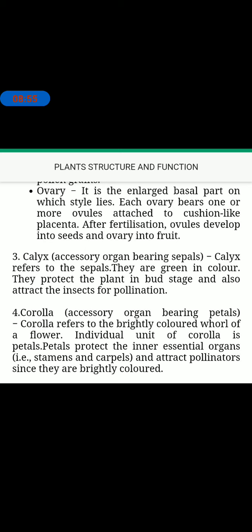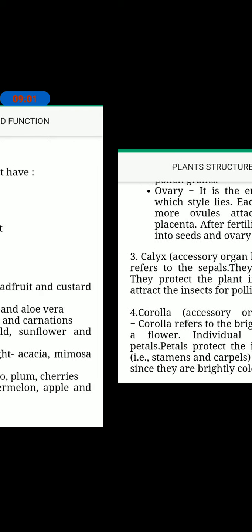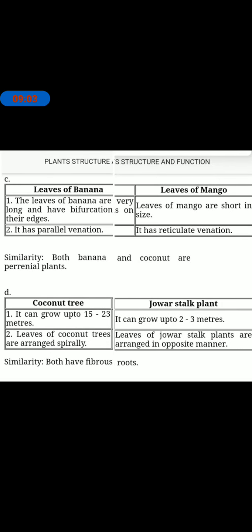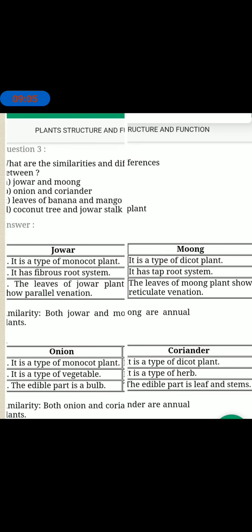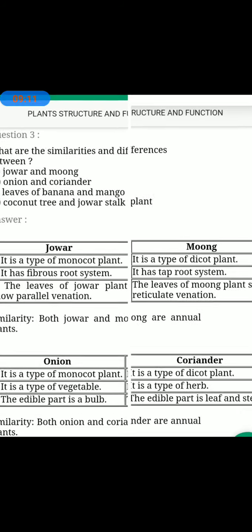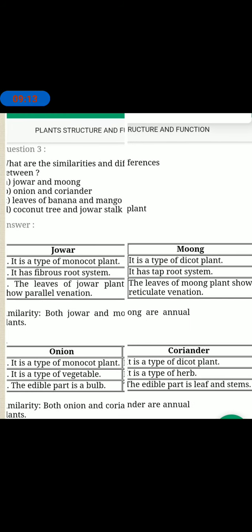Next question we have is, what are the similarities and differences between jawar and moong? First point, jawar is a monocot plant, and moong is a dicot plant.